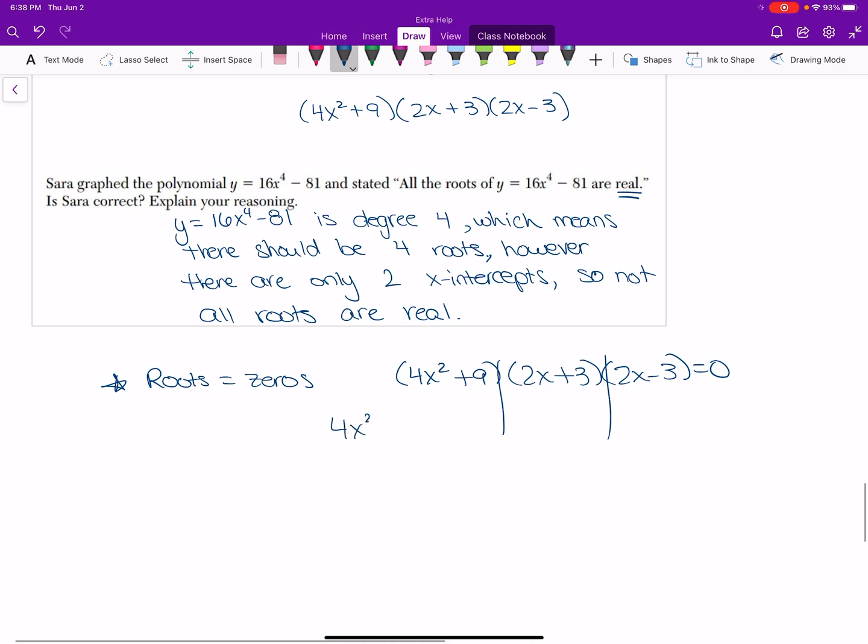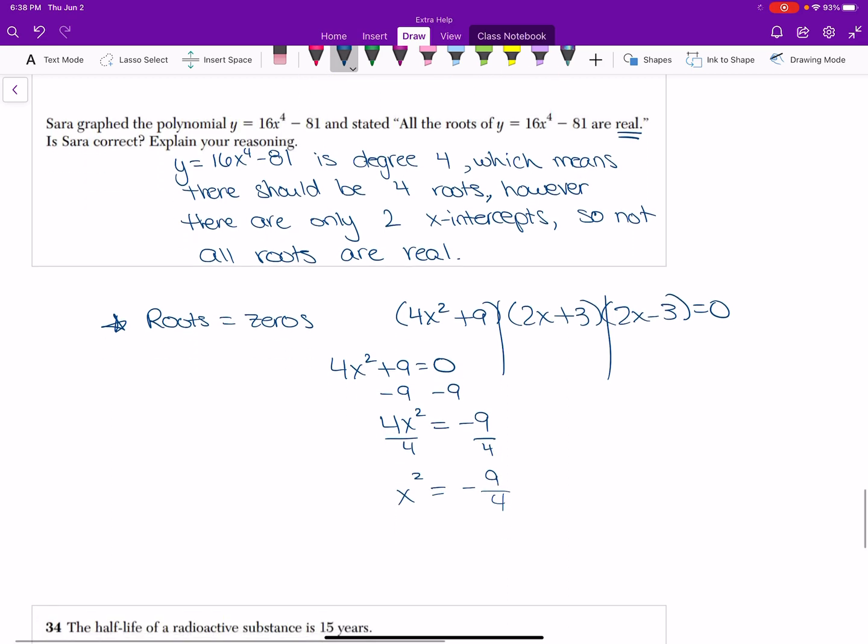So the 4x squared plus 9, when I go to set it equal to 0, since that one was no longer factorable, I would have to subtract the 9 over, divide by 4. If you go to take the square root and plug this into your calculator, you remember to put the plus minus, and your calculator will give you 3/2 i or 1.5i.